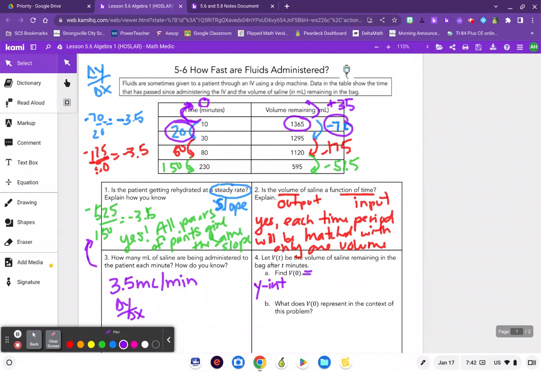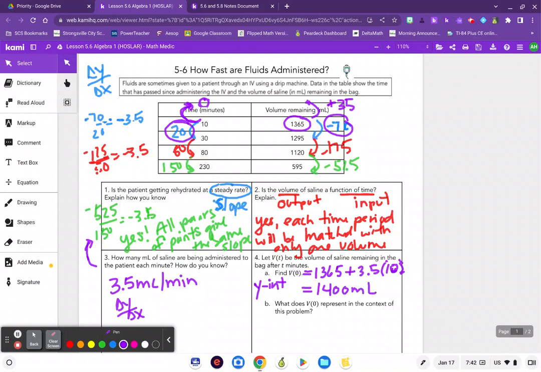Some people said, again, 1365 was at 10 minutes, but I have this rate of 3.5 milliliters per minute draining. So I want to add back that 3.5 milliliters per minute for a 10-minute period. Again, you end up with 1365 plus 35, which is 1400.